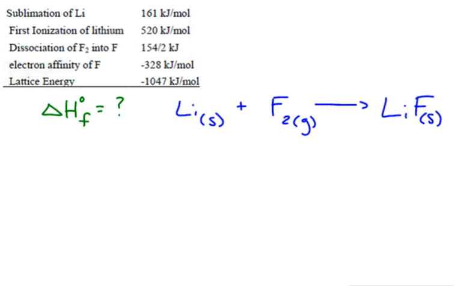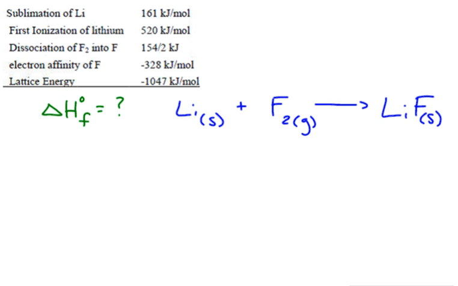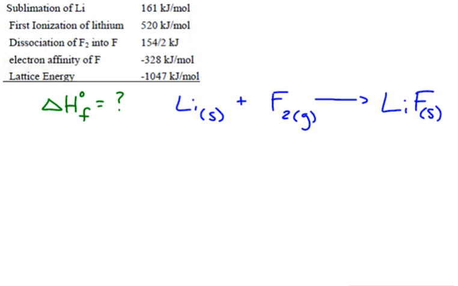Now your goal is to be able to move up and down and through all this. What I like are arrows, and I'll start you off. You don't have to do it like this if you don't like it. I need to make lithium gas. If you don't like that, just draw a line and write 161 on the side.